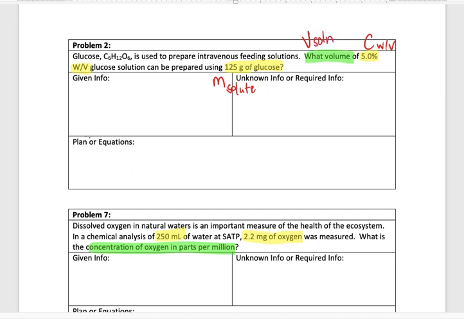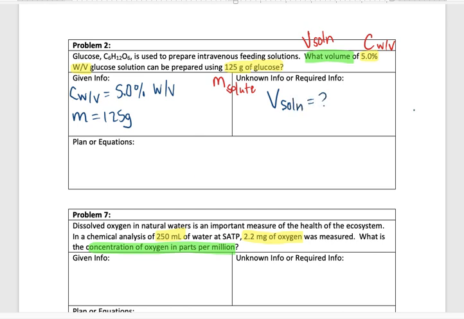From there, we have these two pieces of info. Put it in our given. We have our mass of glucose, and then we have our volume of our solution that needs to be found.